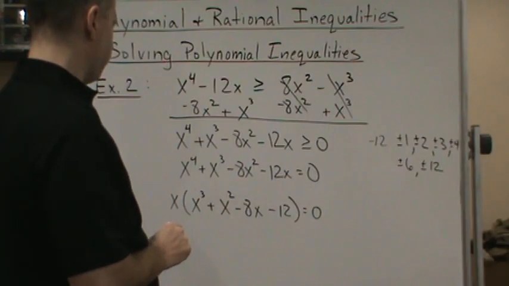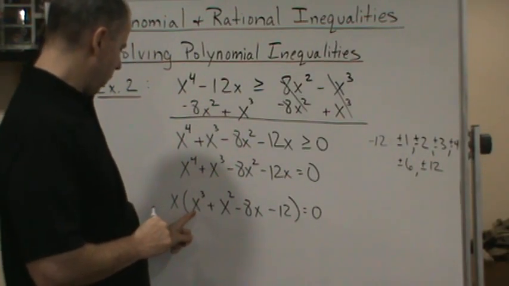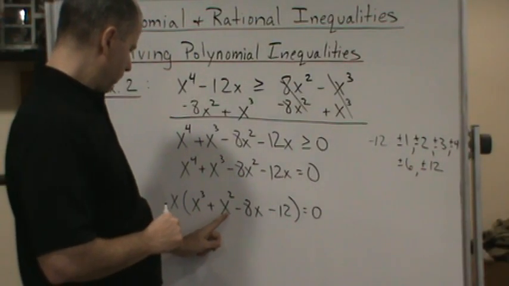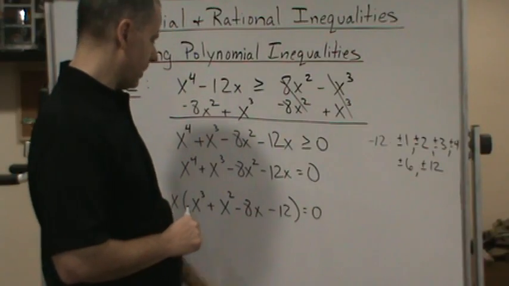And so we could try plus or minus 1. So again, let's add the coefficients. We got 1 plus 1 is 2, minus 12. So that's not going to do it.